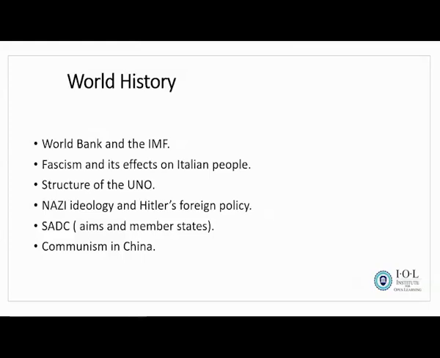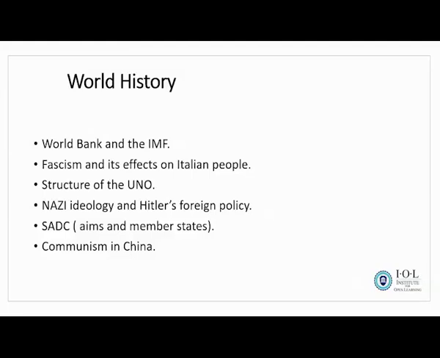And the last one in world history is communism in China. What is it that you should know about communism? First, you should know what communism is all about. Then you should know the features. There are 3 distinct features of communism, as well as knowing how it was practiced in China.